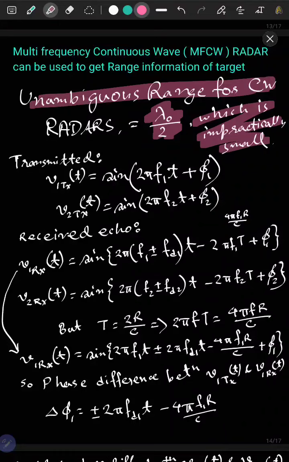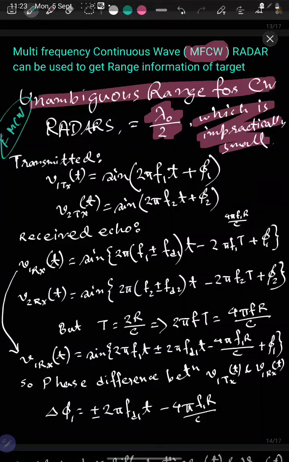This is the reason we need to move to other technologies, one being MFCW, and the other being FMCW. We are not talking about FMCW in this one. We are talking about how MFCW can be used to increase the unambiguous range.